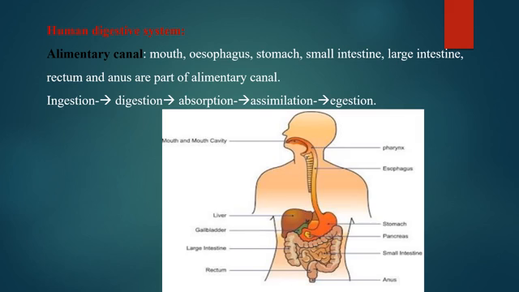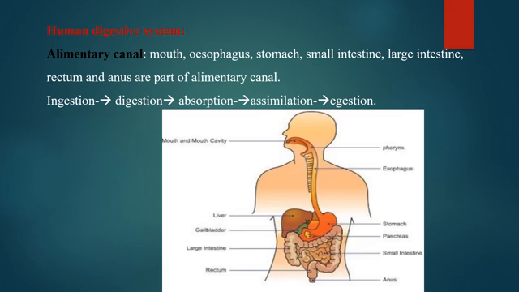In the previous slide, we studied different types of nutrition, that is autotrophic nutrition and heterotrophic nutrition, and we studied that nutrition in human beings occurs through holozoic nutrition. Now we will study the different parts of the alimentary canal. In this diagram you can see the different parts of the alimentary canal.